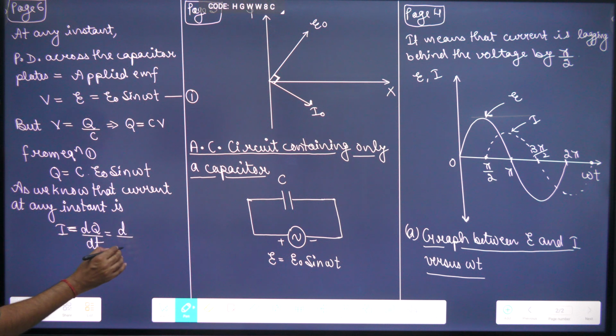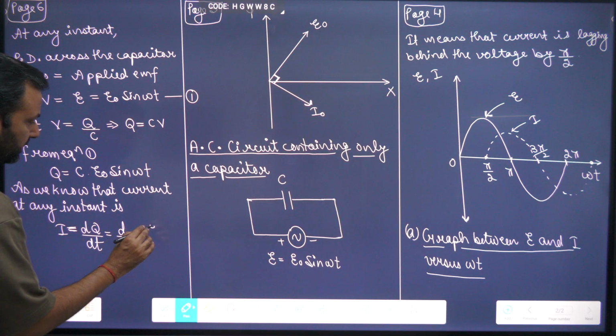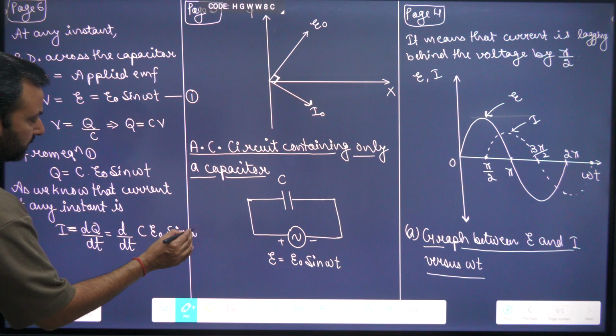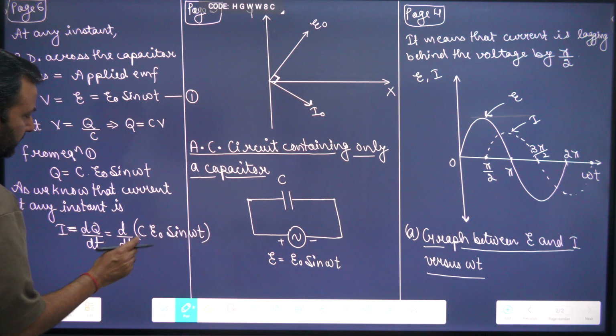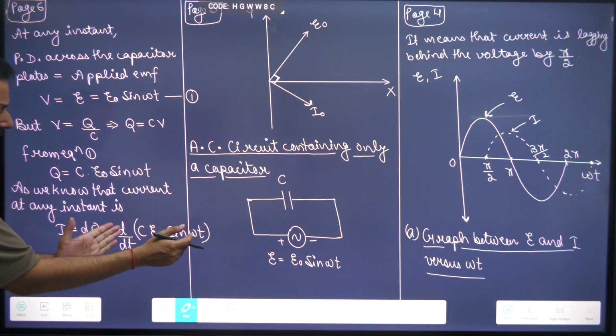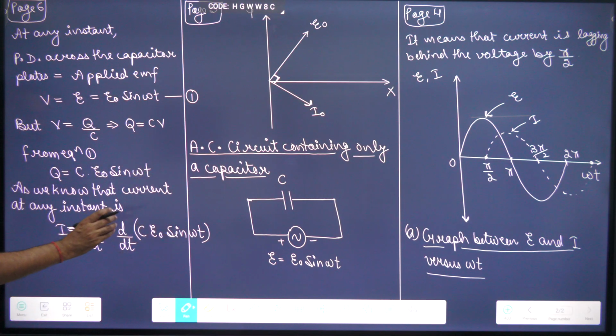It means d upon dt, and what is this Q? Q is C E naught sine omega t. So I have kept the value of Q from here. I is equal to d by dt of C E naught sine omega t. Is that clear to you till now? Is this clear? Yes. Okay.